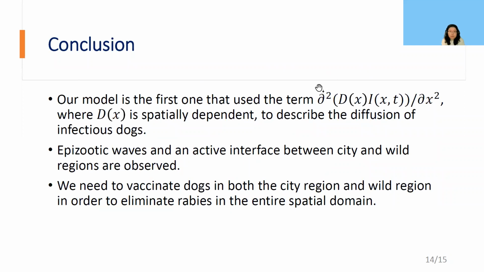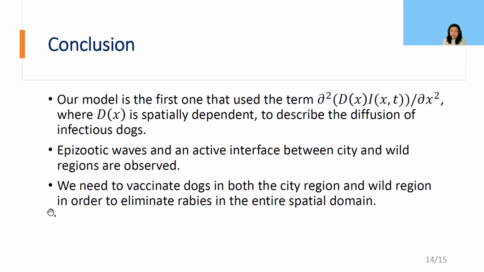To summarize, first, our model is the first one that applies this Fokker-Planck diffusion term to describe the diffusion of infectious dogs, and probably our work is also the first to use Fokker-Planck diffusion to investigate infectious disease transmission dynamics.